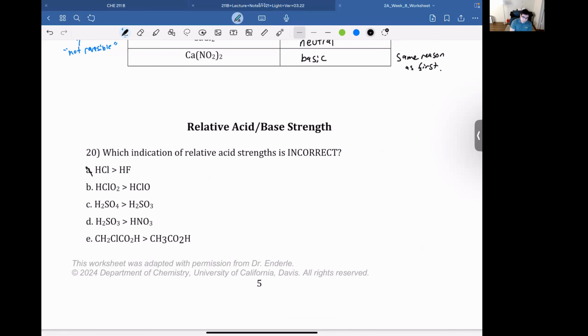Next, we have chlorous acid versus hypochlorous acid. So for this one, it is correct.